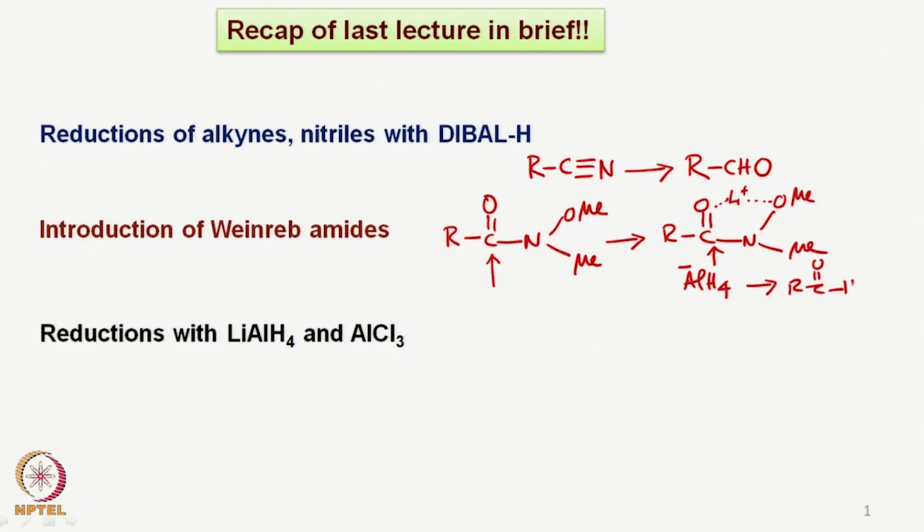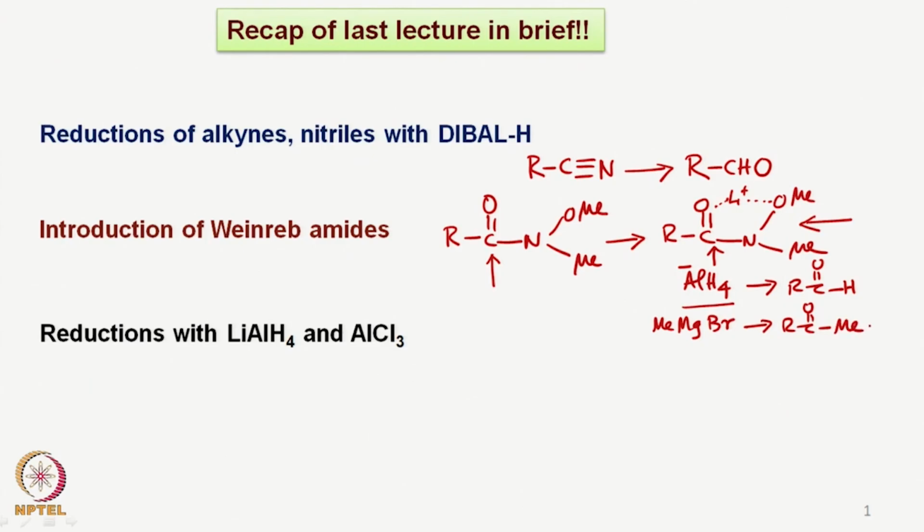Now, the over reduction or overreaction of nucleophiles is stopped because of the chelation that is here. So, we discussed various types of nucleophiles that can be added to the Weinreb amides, and apart from the hydrogen addition like a reducing agent, we can also take, say, methyl magnesium bromide or any Grignard reagent that can be used and the reaction can be stopped, say in this case, up to the corresponding methyl ketone.